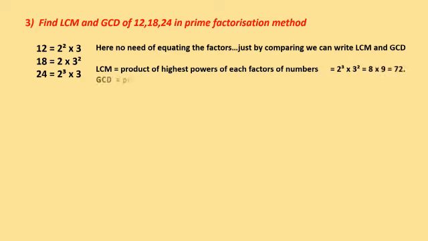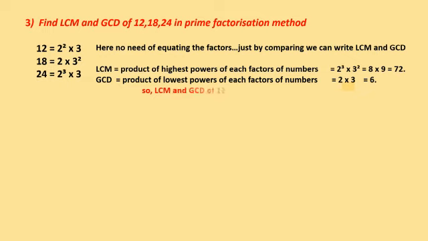Whereas GCD is the product of lowest powers of each factor of these numbers. That is, 2 is the least one in the first column and 3 is the least one in the second, whose product is 6. So the LCM and GCD of 12, 18, 24 are 72 and 6 respectively.